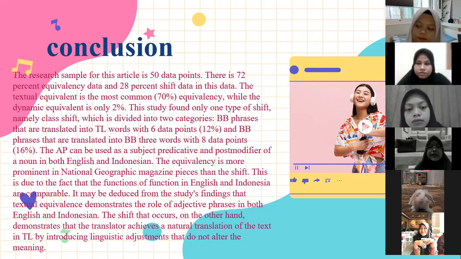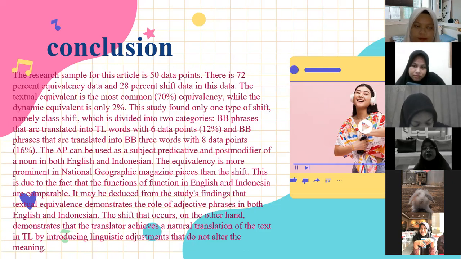The adjective phrase can be used as a subject, predicative, and post modifier of a noun in both English and Indonesian. The equivalency is more prominent in National Geographic magazine than the shift. This is due to the fact that the functions in English and Indonesian are comparable.